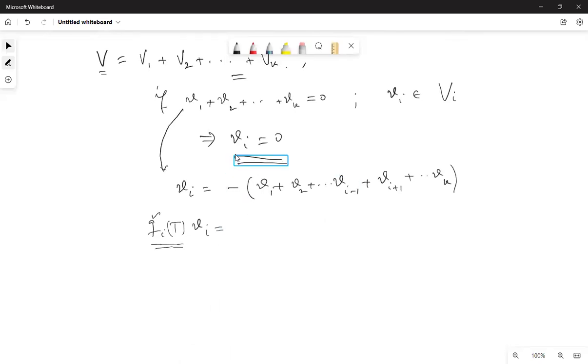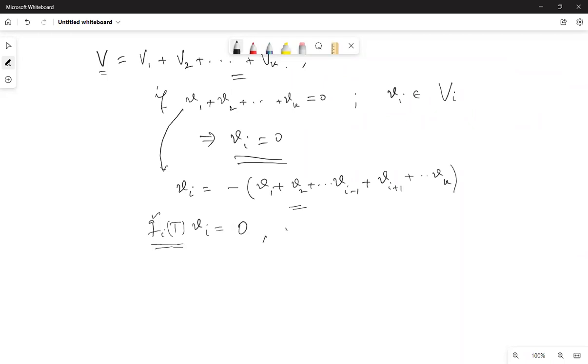So V1 is in the kernel of P1T, which is present here. V2 is in the kernel of P2T, which is present here. So this would be 0. If I just apply QiT on this vector, this would lead to 0. That means QiT of Vi is 0.